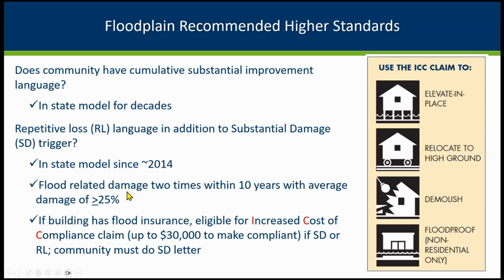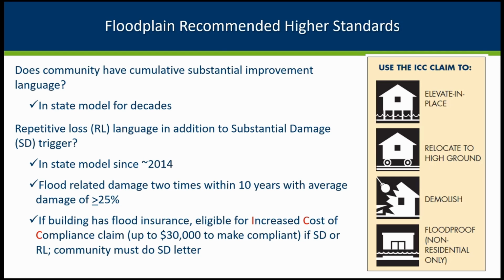And basically, you've got repetitive loss defined in the definition section as flood damage 2 times within 10 years, where that damage is an average of 25% each time. So the 2 damage situations together are over 50%. And we really encourage this because over time we want buildings brought into compliance.